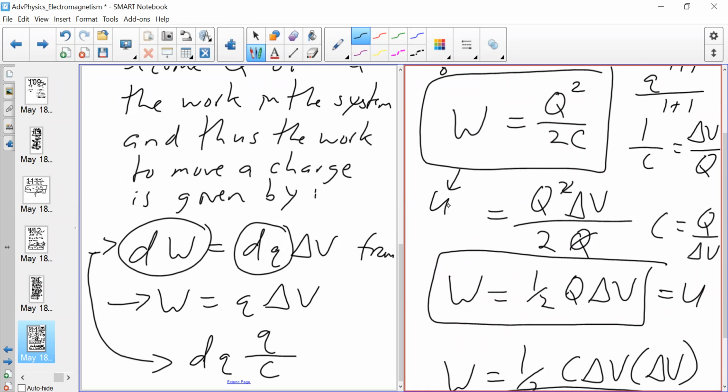This is also U, just the energy stored in a capacitor. And we've seen how we can derive energy from work in other situations: change in potential energy, gravitational potential energy system, electric field. So those are equations for work or energy stored in a capacitor.